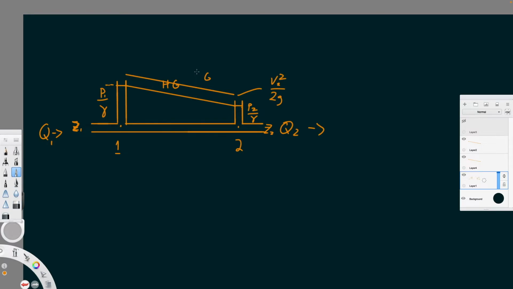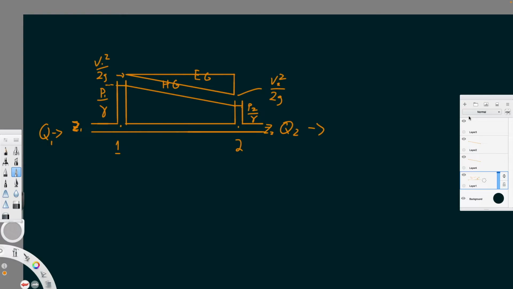It's typically called energy gradient. So this is your total amount of energy for the whole system, and you're going to have that on both sides. V1 squared over 2g is going to be this point here. Again, this is in addition to the head grade that we have from the elevation and the pressure.